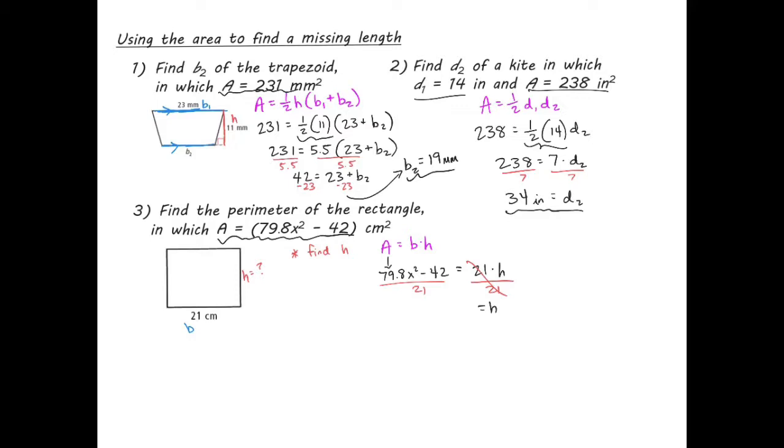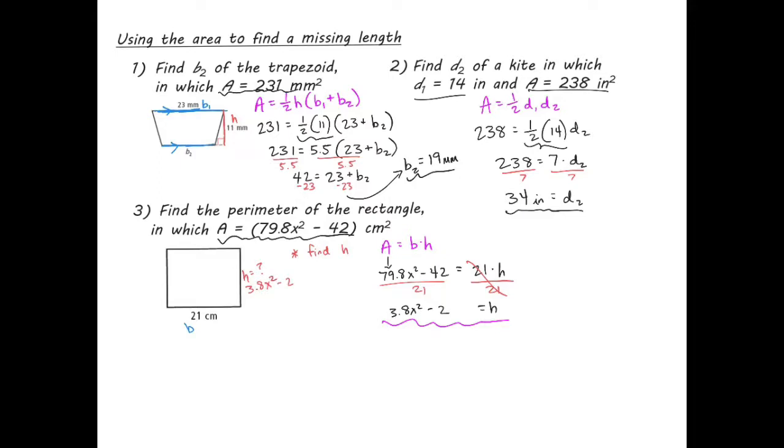So that's 79.8 x squared divided by 21, which is 3.8 x squared. And that's negative 42 divided by 21, which is -2. So I found that h is equal to 3.8 x squared minus 2.